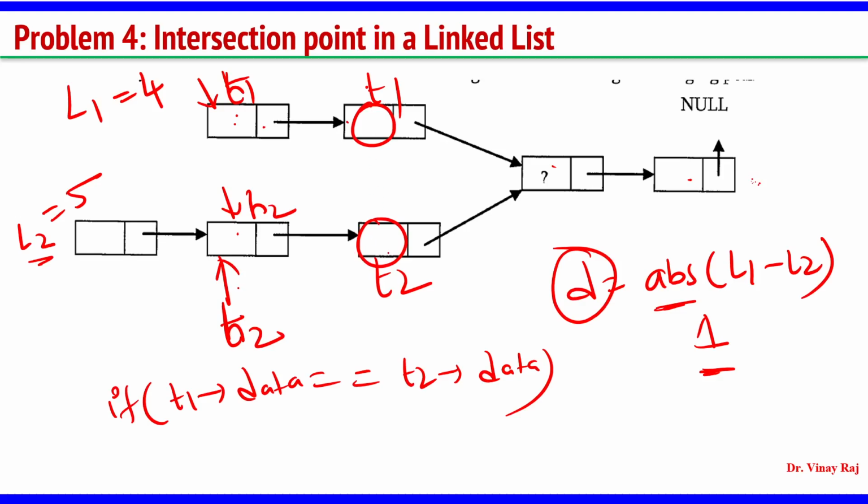Is T1 data and T2 data the same? No. Move forward. So T1 comes here, T2 comes here. Is T1 data and T2 data the same? Yes. If this is matching, then we say this element will be the common intersection point in the linked list. Okay. So this is one interesting problem, intersection of both the lists, right. So how do we write the logic? First, you have to find out the lengths of both the lists.